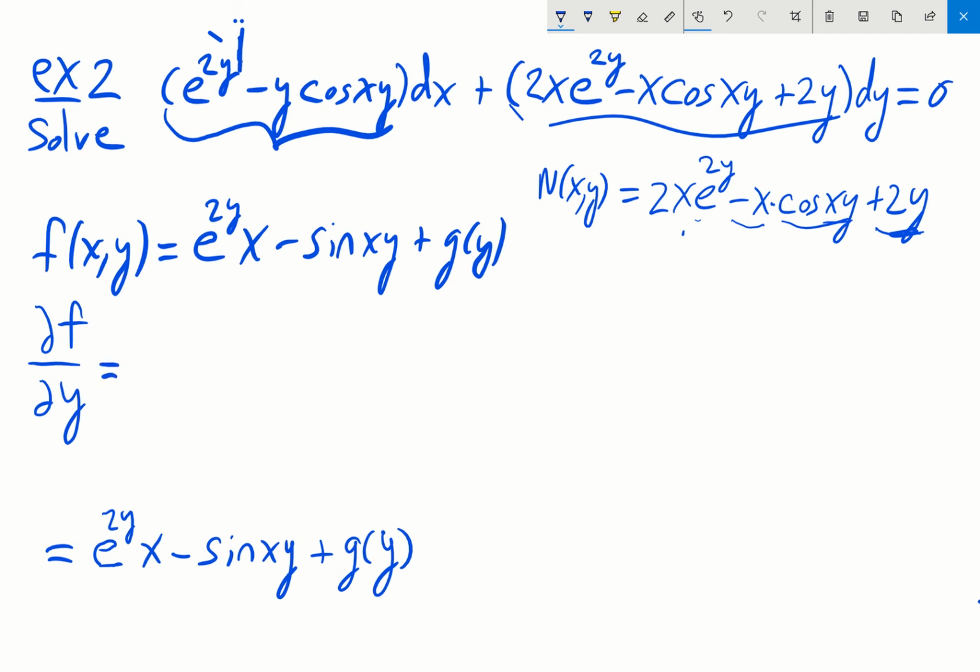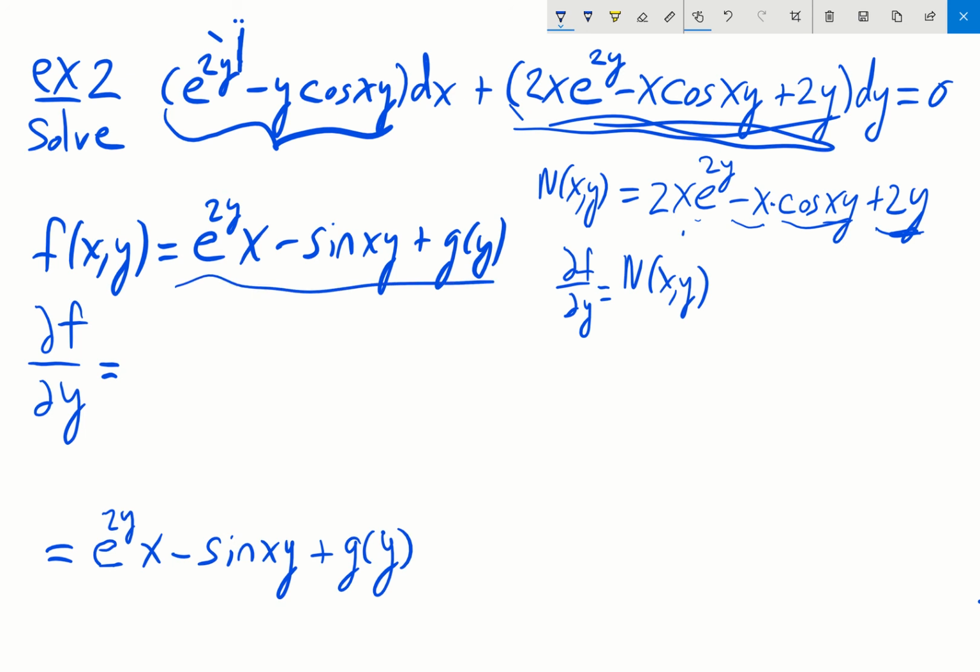We're now going to differentiate it with respect to y, because we know that the partial of f with respect to y, if it was an exact differential, and we know it is, should be equal to N of x, y. So I'm going to differentiate this expression with respect to y. That's going to give us a 2e to the 2y x.